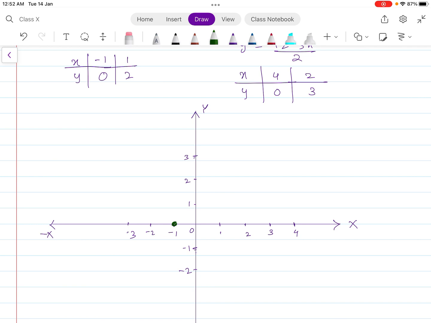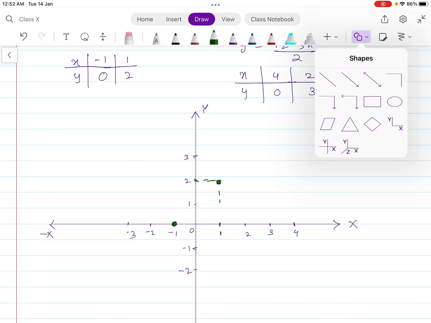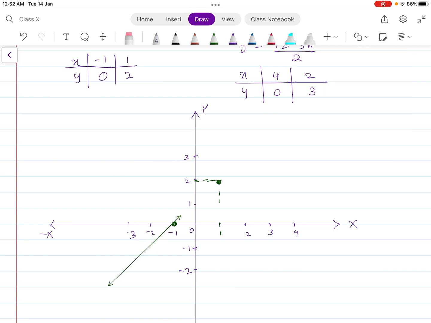Second, when x equals 1, y equals 2, so the y value will come here, y equals 2. We can join these two to draw one line.